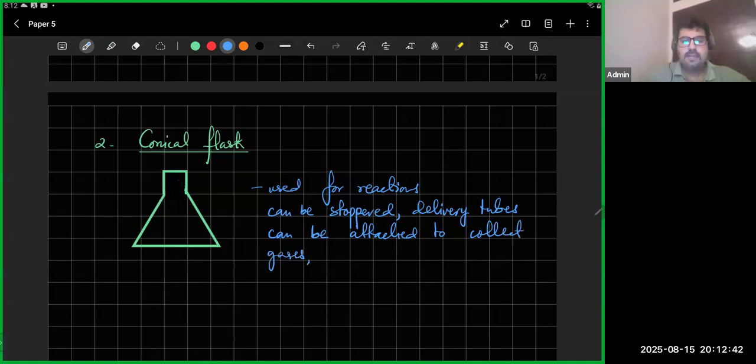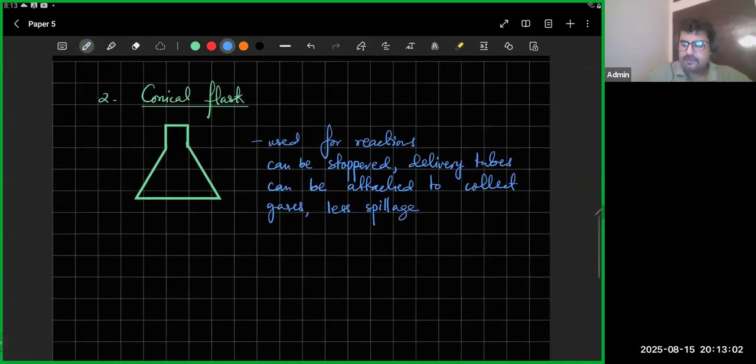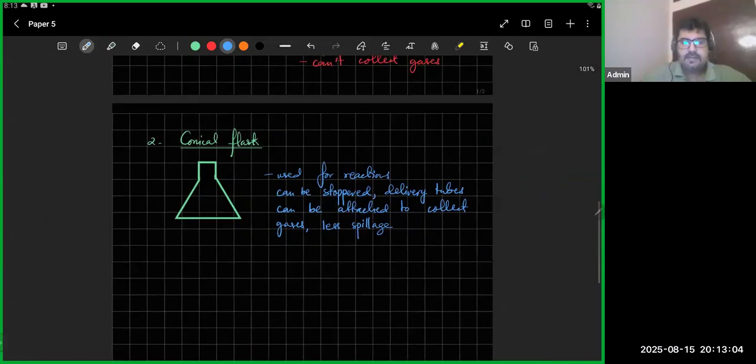Less spillage, because it's got a smaller opening. So you can do all of that. So mostly whenever you're trying to do reactions, you're going to use a conical flask. ठीक है, तो ये थोड़ा सा difference याद रखना.